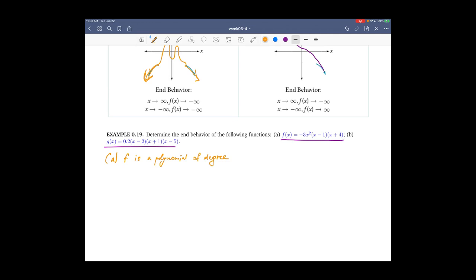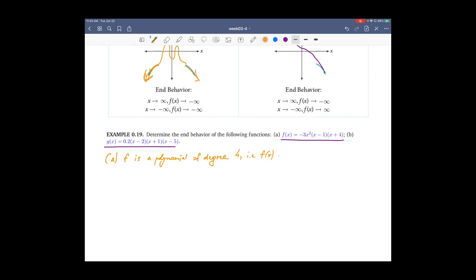F is a polynomial of degree 4, because this is a linear term. This is also a linear term. When you multiply x by x, it will be x squared plus terms of lower powers. And when you multiply this x squared by this x squared, you get x to the 4th power, and it will never be a power more than 4. So f is a polynomial of degree 4.